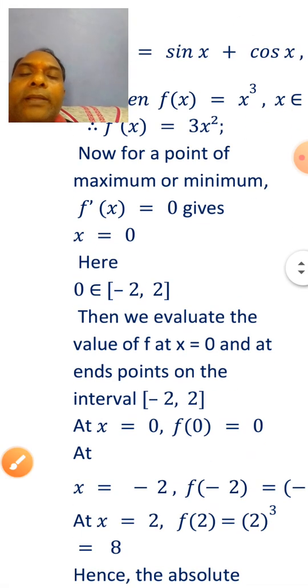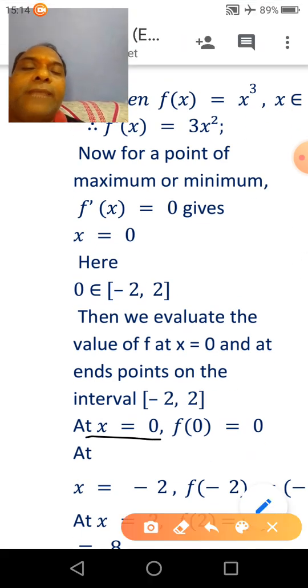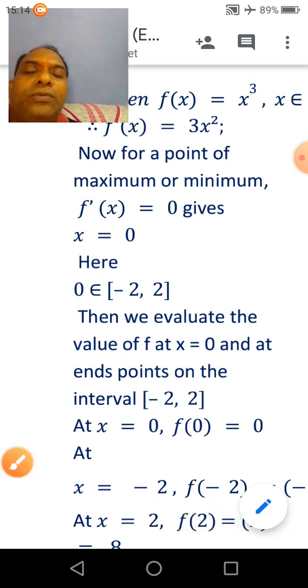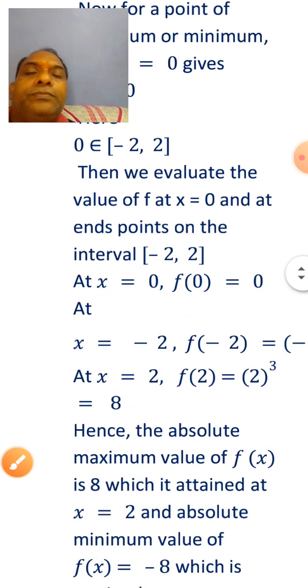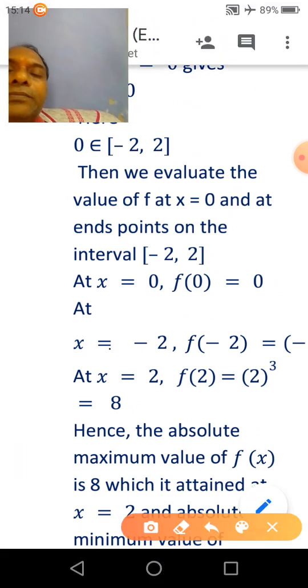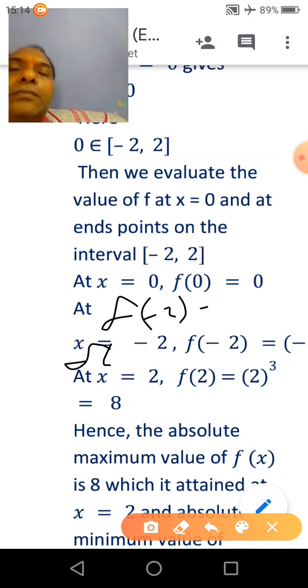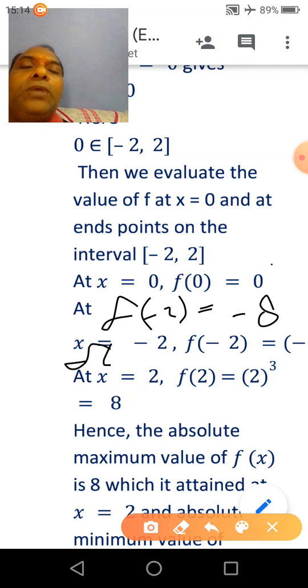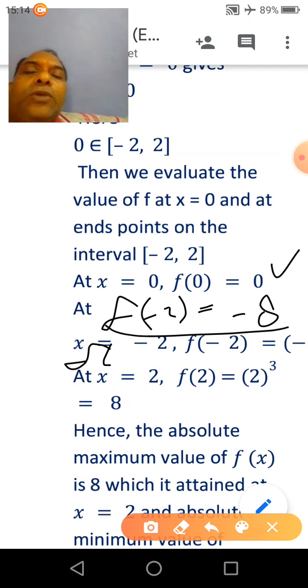So f(0) is equal to 0, f(minus 2) will be minus 8, and f(2) is equal to 8.